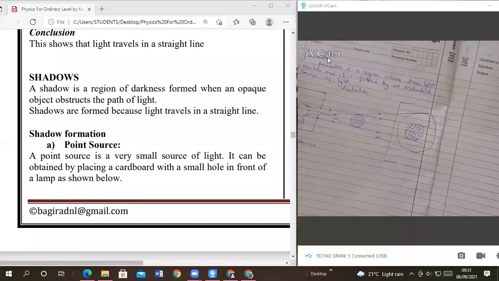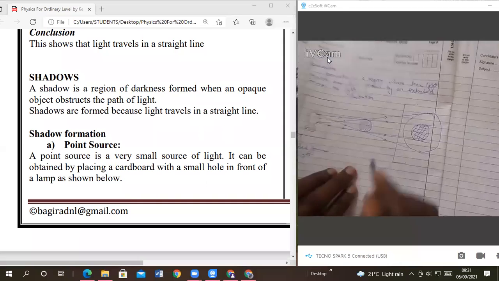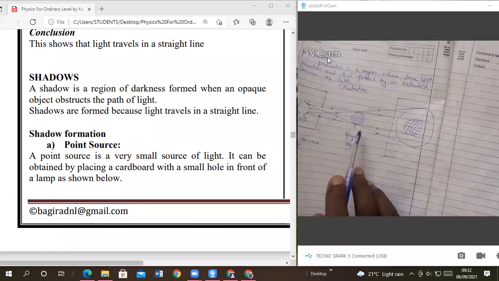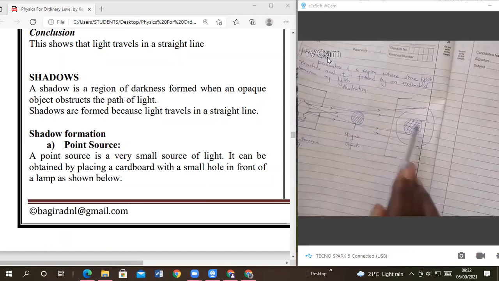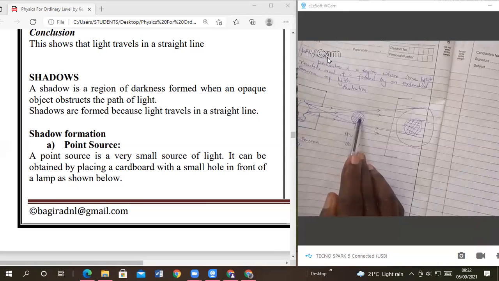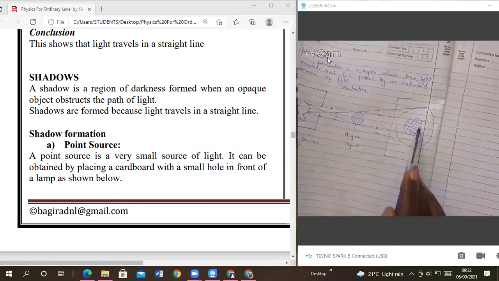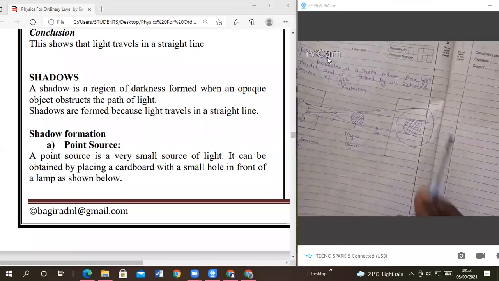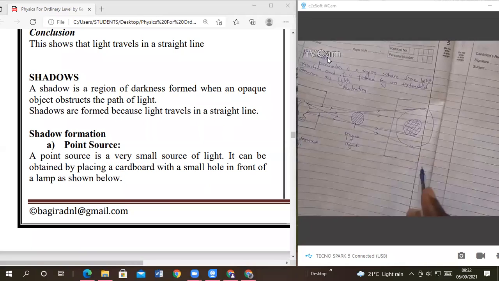Members, have you seen that? Yes. So, this is our opaque object. The size of the opaque object must be equal to that, because the object here is blocking the light from reaching the screen. They must be of the same size.